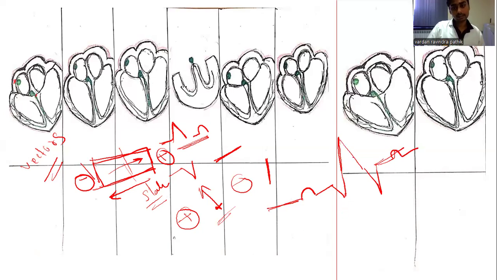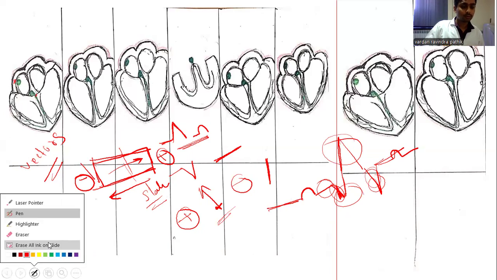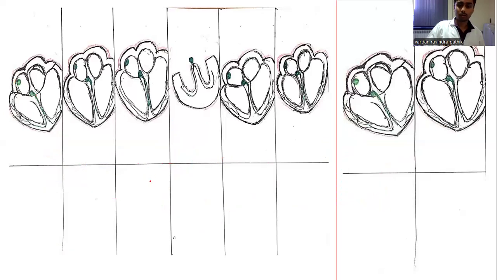Now you can see here some positive deflections, negative deflections, and a flat line, and also this perpendicular line, which shows that the electrical activity is perpendicular to the electrode. Right, now I'm going to clear all my drawings. Now, let's start with our first wave, which is the P wave.